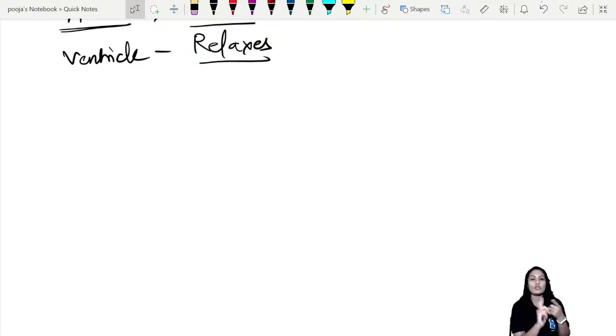Volume does not change, right? So that's why it is known as isovolumetric contraction. And later on, once the pressure changes are over, the ventricle overcomes the pressure of the corresponding artery, and whatever volume changes are going to happen, that is known as systole or ejection, right? So first of all, pressure change, isovolumetric.